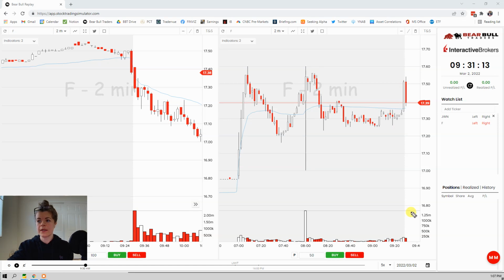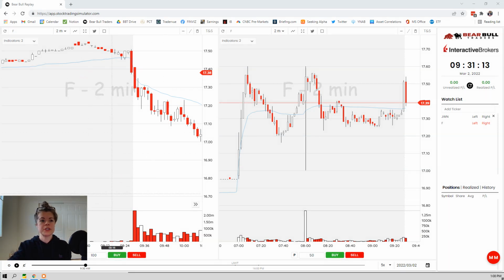And down here, look at that, we're at 250. So volume is relative, right? Depending on the stock, 250 might be really high for another stock, but for Ford to be in play, 2 million is kind of where you want to be, up in the millions. So this is pretty low for Ford.